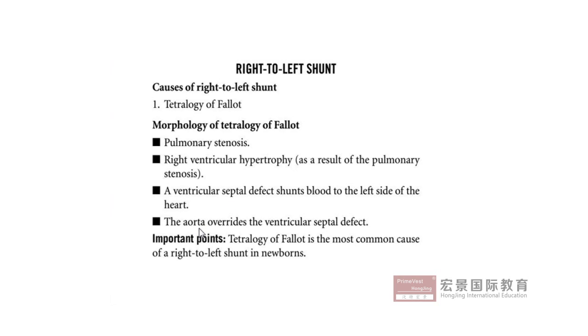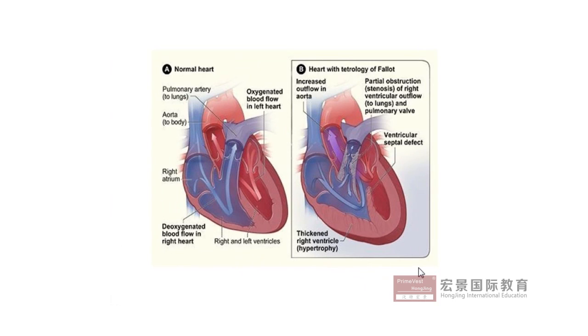The aorta overrides the ventricular septal defect. So the aorta shifts to the right and overrides the ventricular septal defect. Important point: tetralogy of Fallot is the most common cause of right to left shunt in newborns. Here are some pictures.